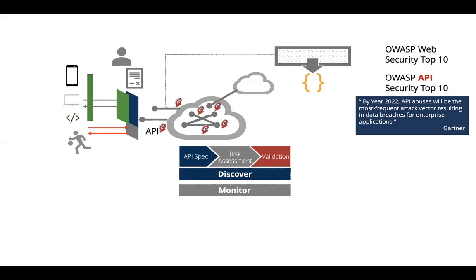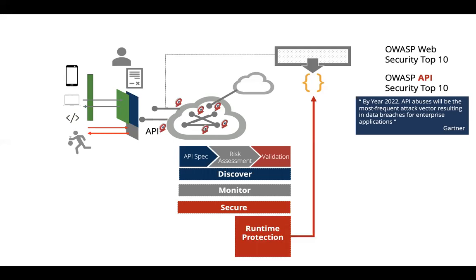And anomalies discovered at the API call, including those at the object and function level, can then be fed into the security layer so that we can stop the API abuses as we see them. And the triggered policy actions can be extremely targeted against specific API calls or sessions.